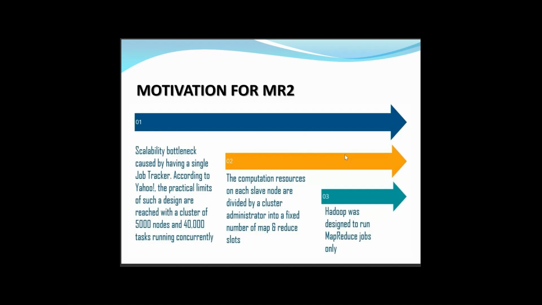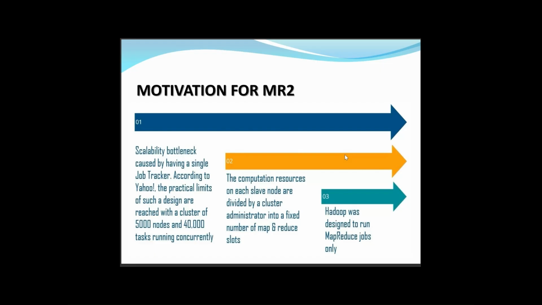In the next slide, we have the motivation for MapReduce version 2, also known as YARN. So, what motivated Hadoop to move to MapReduce version 2? Well, the main goal was to fix the issues in the old version and make Hadoop more flexible.